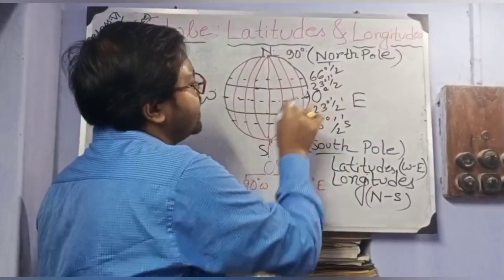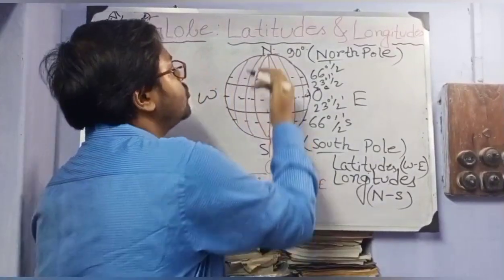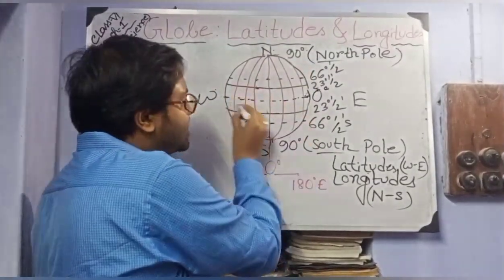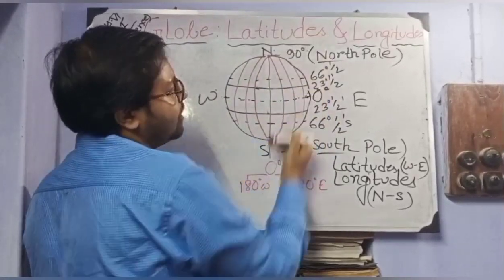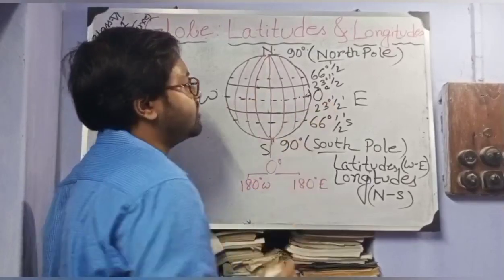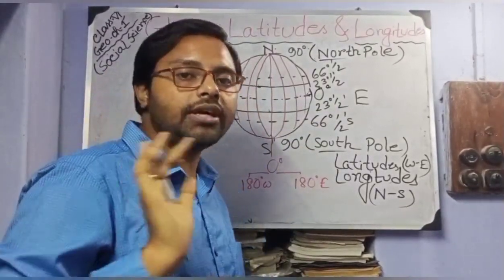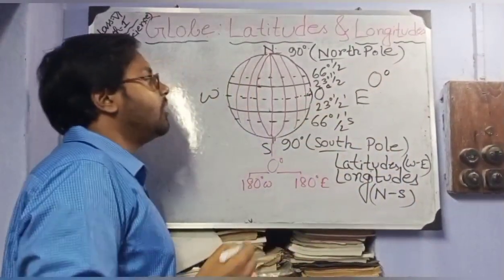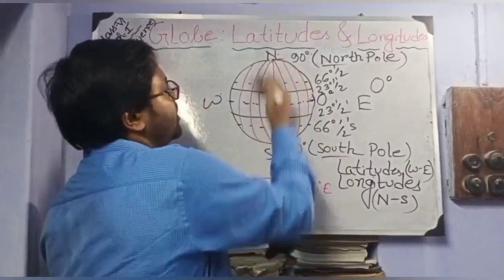It is imagined in the middle of the earth, and it has divided the globe into two hemispheres, the northern hemisphere and the southern hemisphere. This imaginary line is known as the equator, 0 degree. This is the largest latitude, 0 degree.